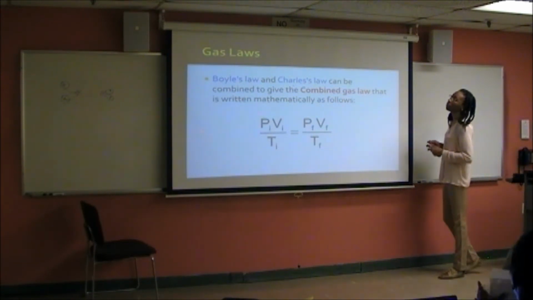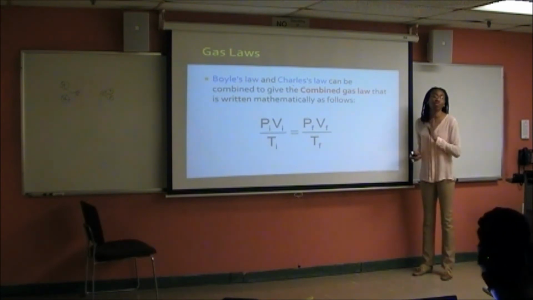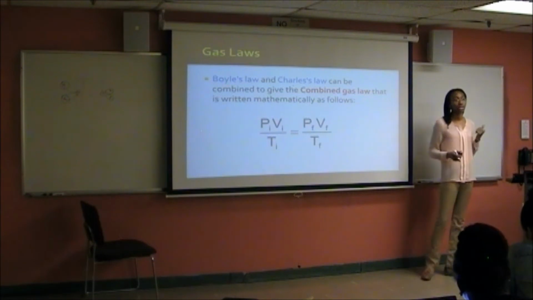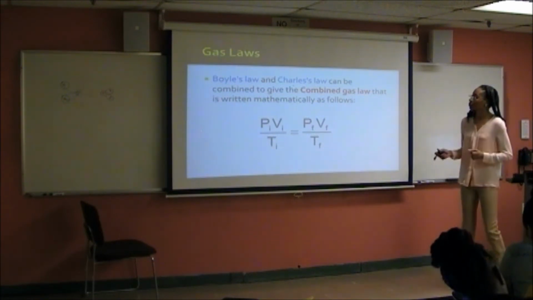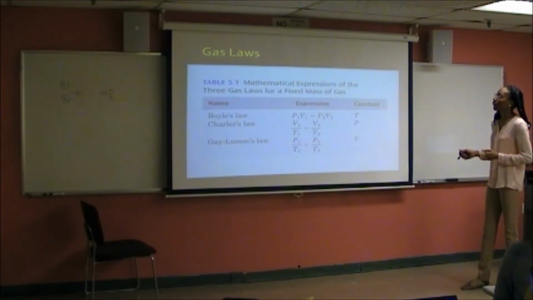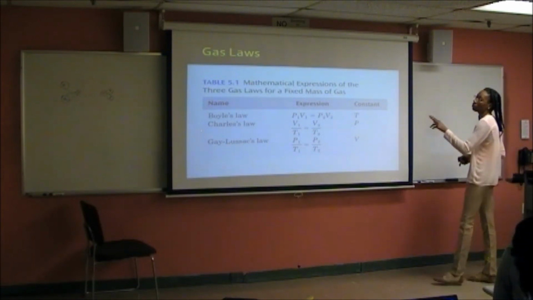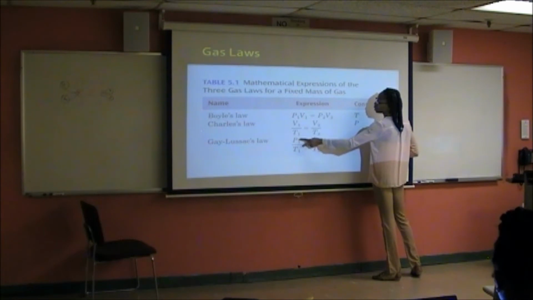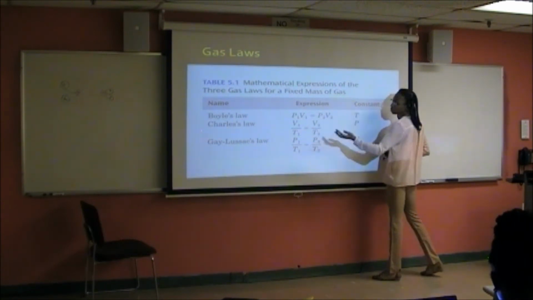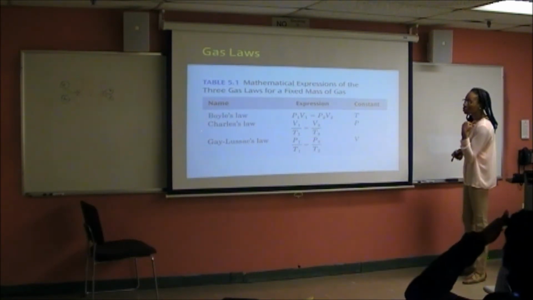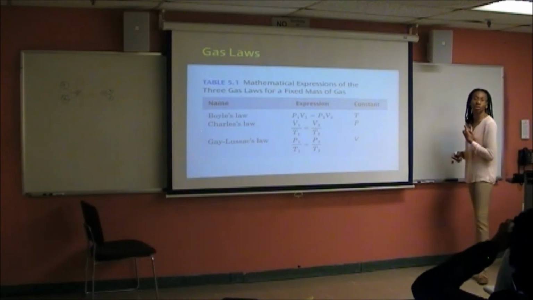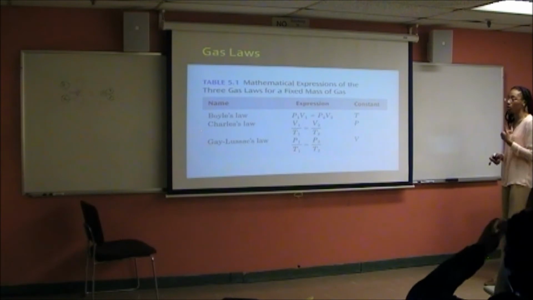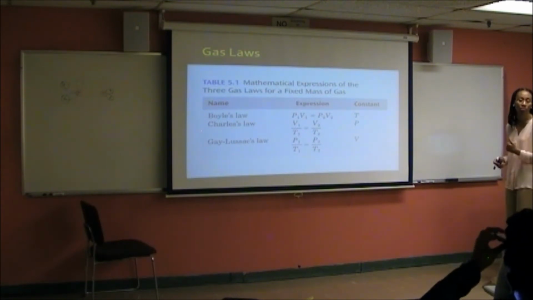So you have the combined gas law, P1 V1 over T1 equals P2 V2 over T2. Here you have Gay-Lussac's. Gay-Lussac's takes into consideration pressure is directly proportional to your temperature. So P1 over T1 equals P2 over T2 at constant volume.